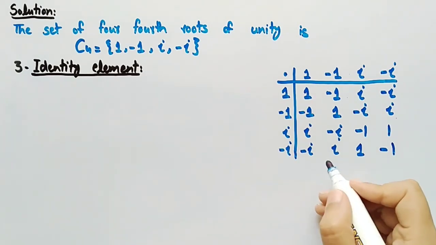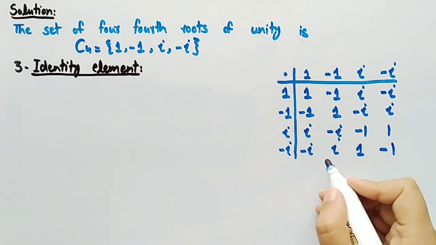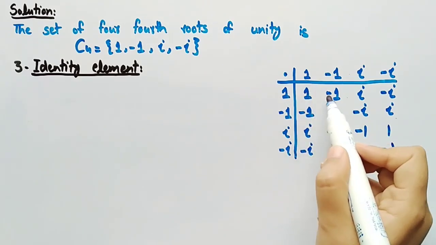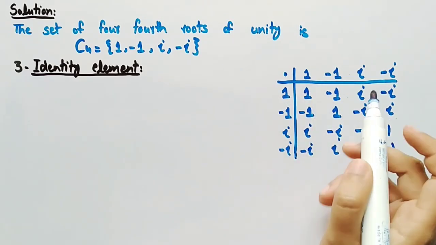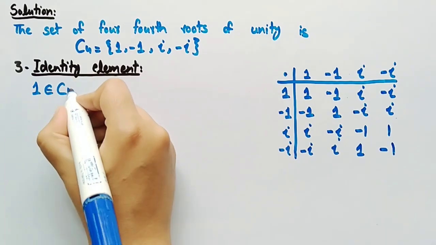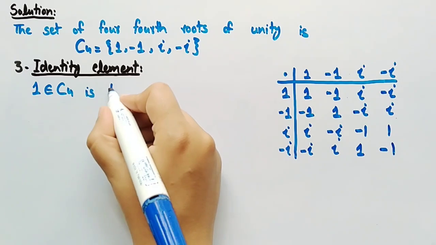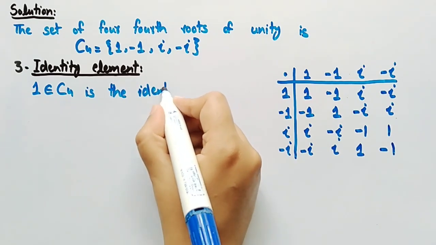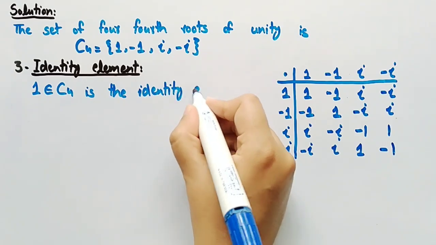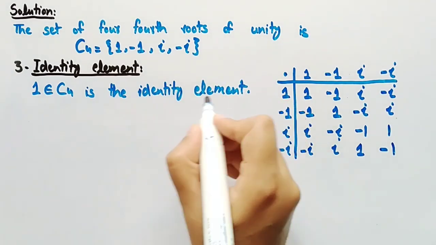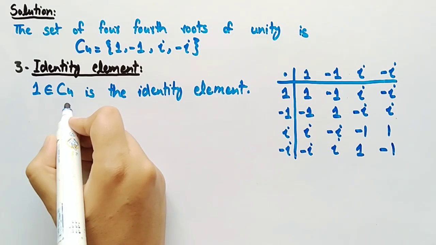From the table we can clearly see that whenever we multiply 1 with the other element, we get the element itself. So we can say that 1 belonging to C4 is the identity element. So identity element exists and third axiom of group is also satisfied.